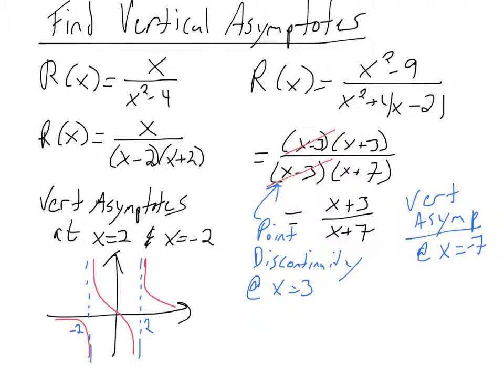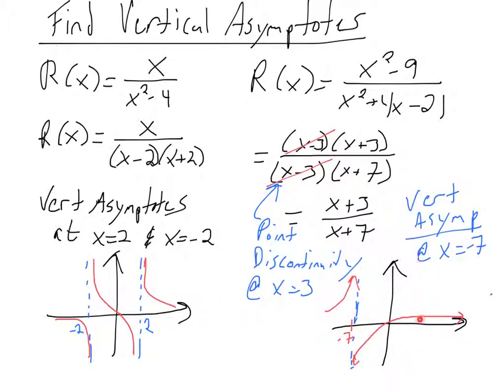So for the first one, if we go ahead and graph it in our calculator, we get this graph right here, where we see that we do have the two vertical asymptotes we predicted at 2 and negative 2, right? This one goes down to negative infinity, this one goes to positive infinity, so that matches what we predicted. For this last function, as predicted, we only have a vertical asymptote at x equals negative 7.